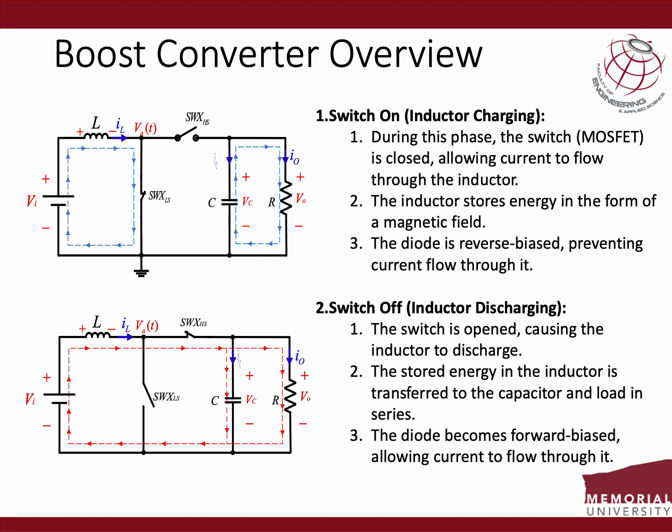The stored energy in the inductor is then transferred to the capacitor and to the load. In this case, the diode behaves in a forward-biased manner, and it allows current to flow. So this process repeats over and over within microseconds during the switching process.